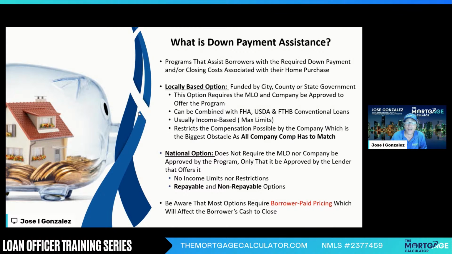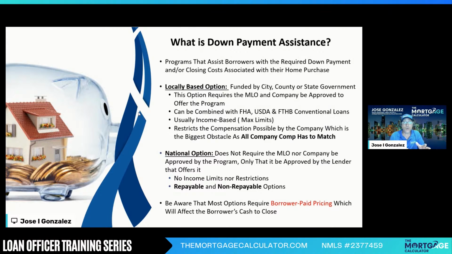And then the other issue that the locally based DPA options are going to present is on the logistics side. Typically, there's going to be a second approval required. You're going to have to get the first approval for the first mortgage, whatever it may be, FHA, USDA, first-time home buyer, conventional, Home Possible, Home Ready, one of those affordable options.